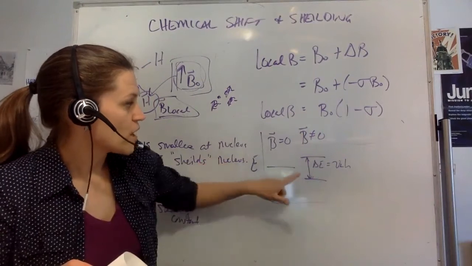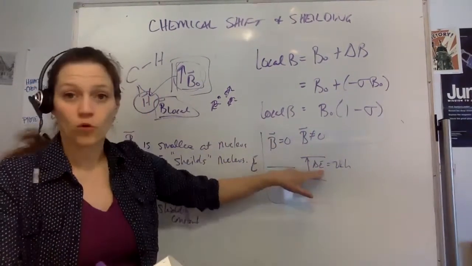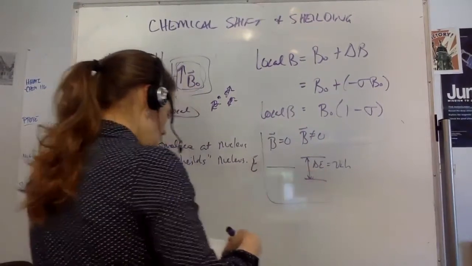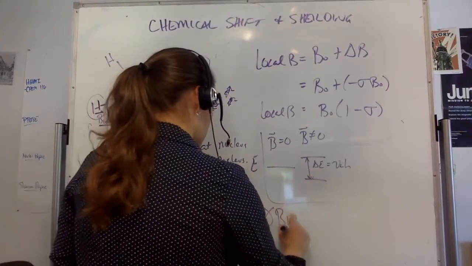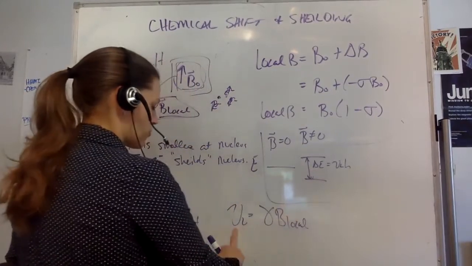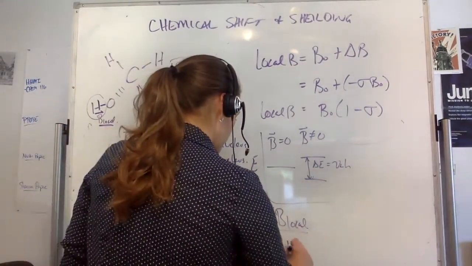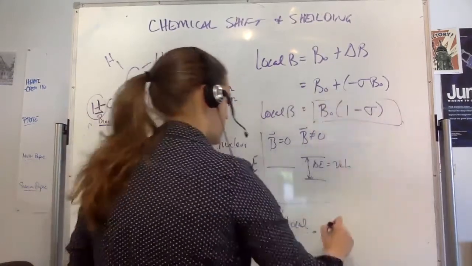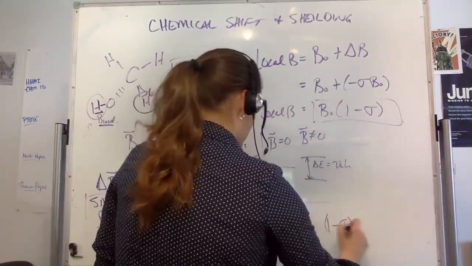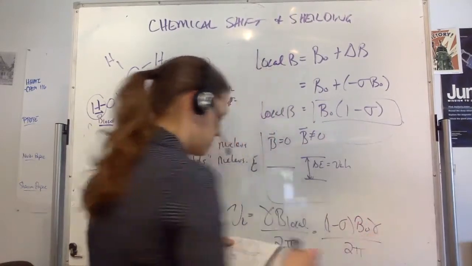Now we want to put this in terms of the Larmor frequency, which is proportional to the gyromagnetic ratio times B local divided by 2 pi. Putting this in, that's equal to gamma times (1 minus sigma) B0 over 2 pi.